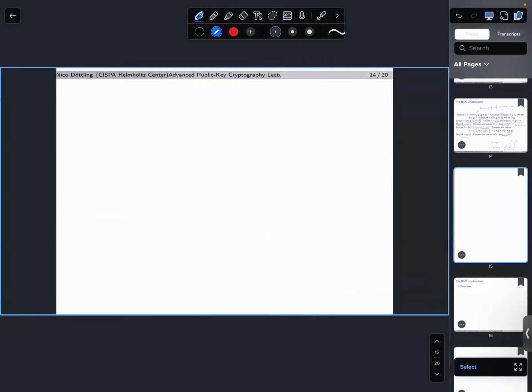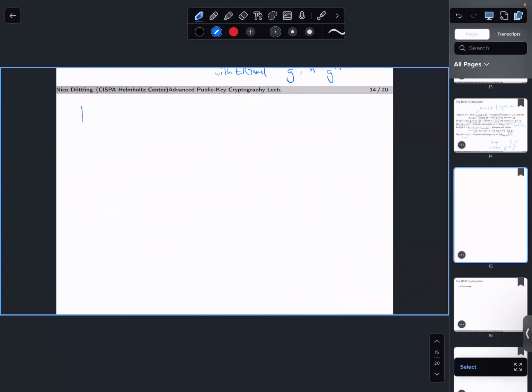So how do we compute D-logs, right? Let's make a very simple setting. Let's say we know that m is either 0, 1, or 2, right? For good measure.